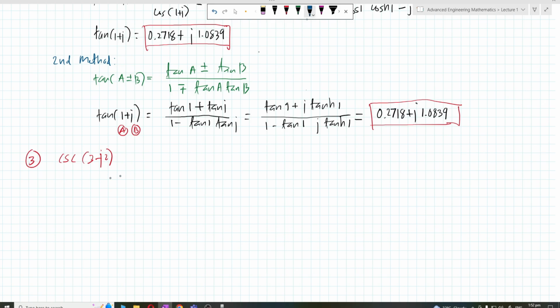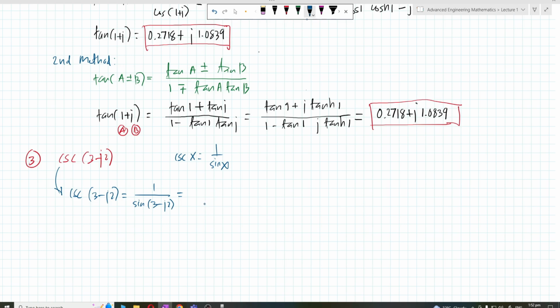We have cosecant x equal to 1 over sin x. So in this problem, the cosecant of 3 minus j2 is the same as 1 over sine of 3 minus j2. Then just expand the sine of 3 minus j2.